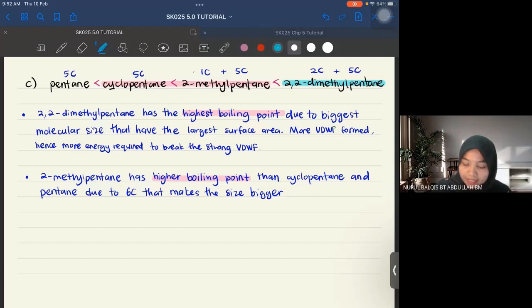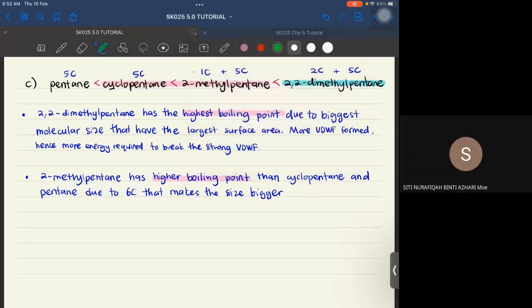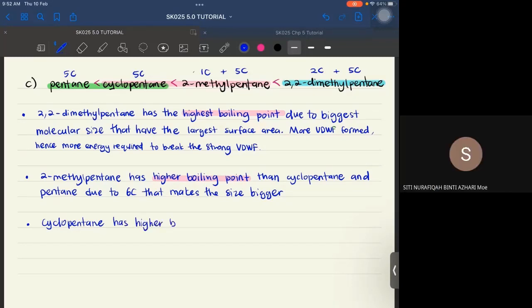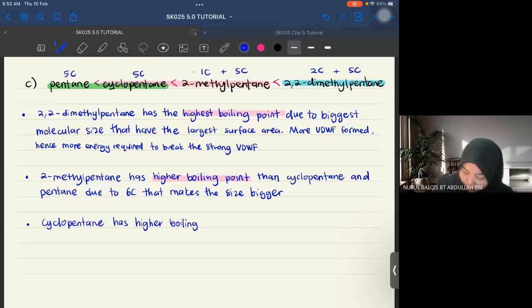Dan kita kena compare antara siapa pula? Cyclopentane and pentane, they got different explanations. Who's got greater boiling point? Cyclopentane has higher boiling point than pentane due to planar structure kan?